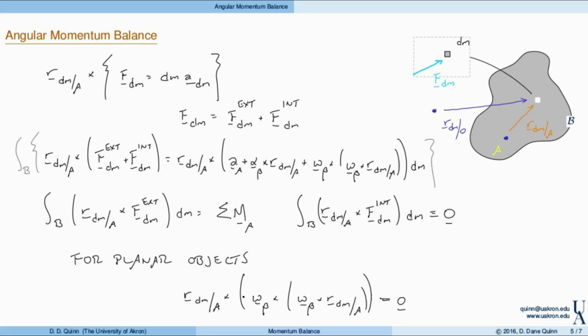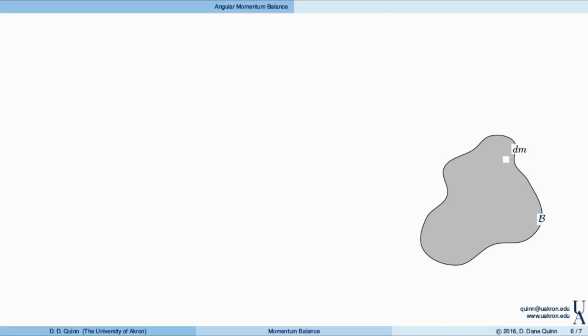So we're taking the cross product of two parallel vectors, which equals 0. And as a result, angular momentum balance simplifies to the following form.